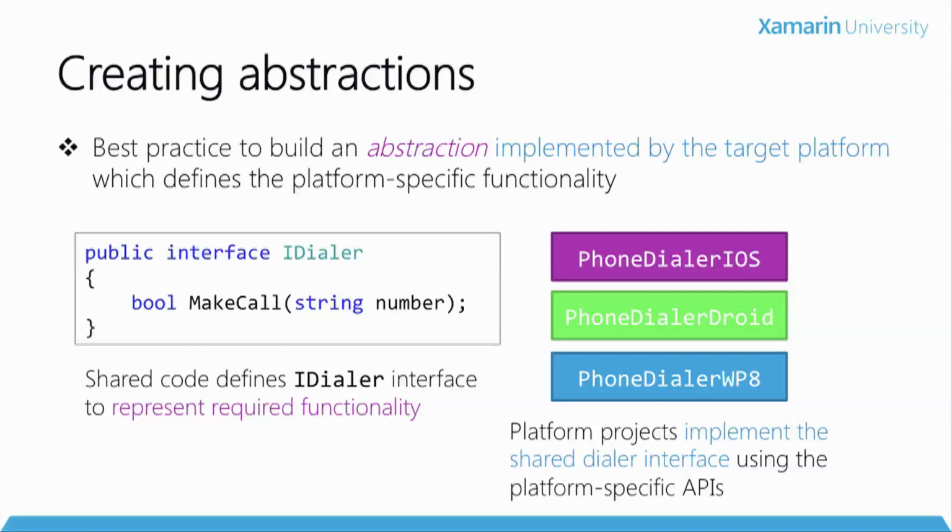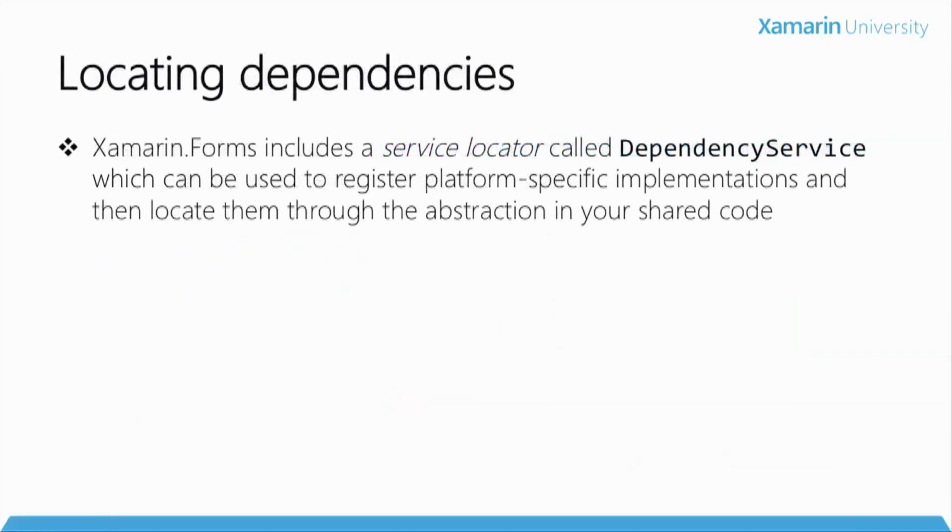And we'll see that the implementations are quite different on iOS, Android, and Windows Phone 8. So in our shared code, we have this interface, our contract. And in the platform-specific projects, we have the implementations. That's certainly nice. But how does the shared code know which specific platform implementation it is supposed to call?